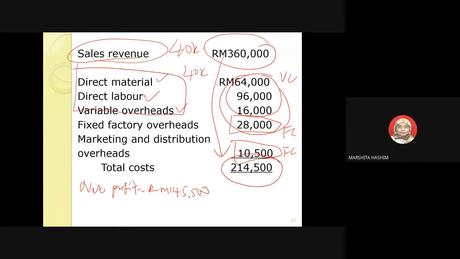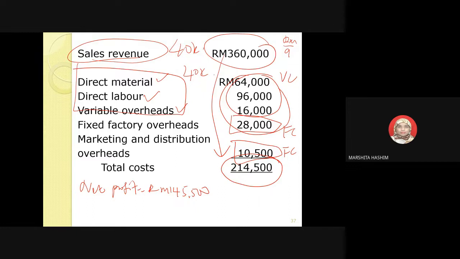How much is the selling price per unit? 360,000 divided by 40,000. That means one unit selling price is 9 ringgit. But the Singaporean company wants to pay 5 ringgit. So you must analyze whether you should accept or reject their order.